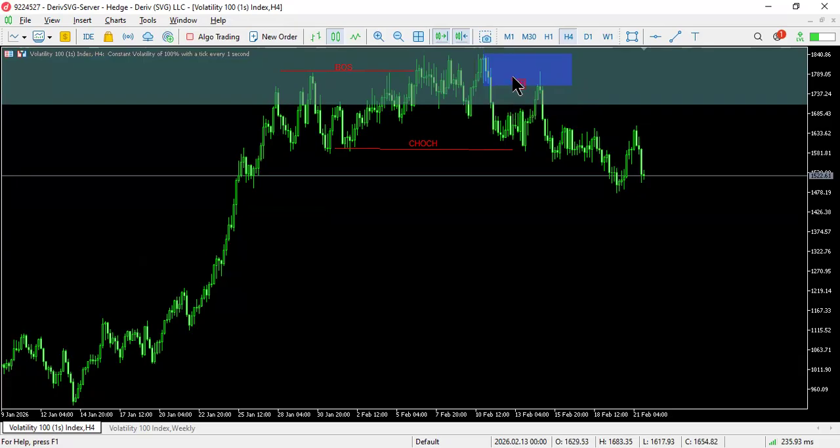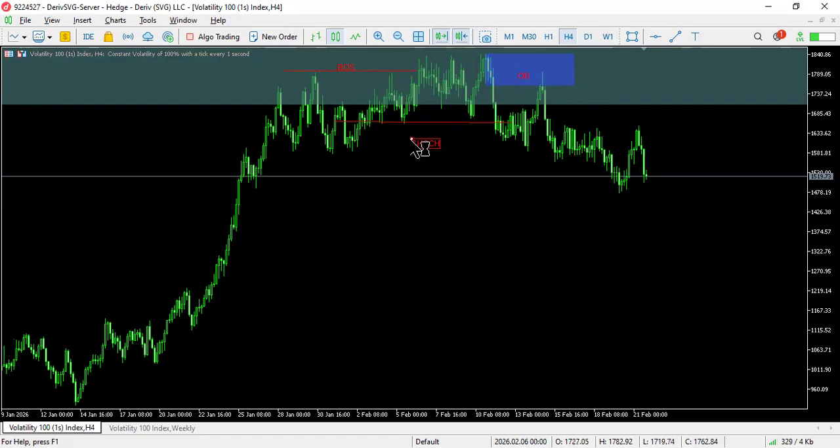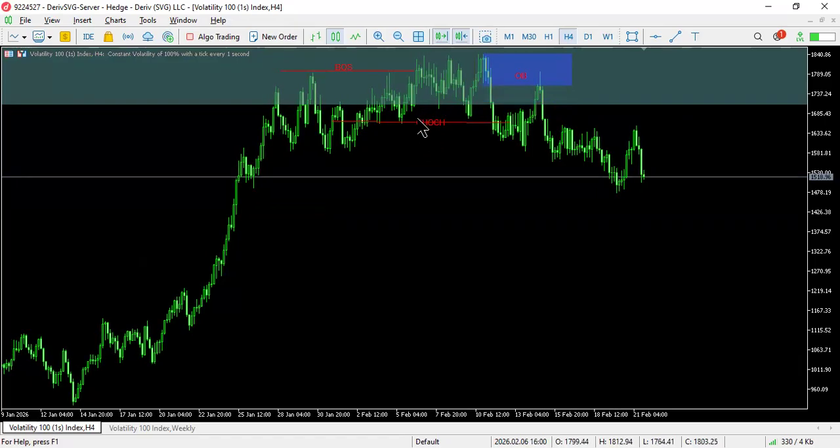That is where price stepped in, and we are getting a push to the downside. So the change of character happened at that level in the 4 hour time frame.